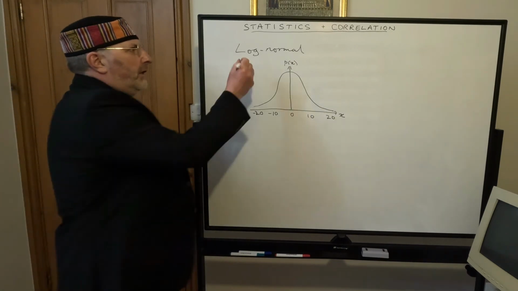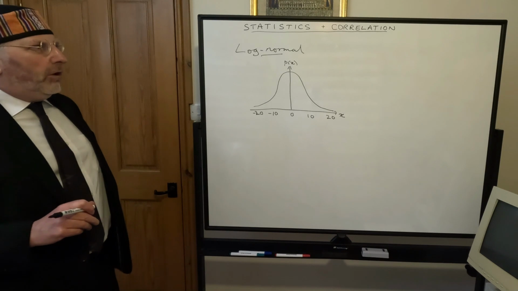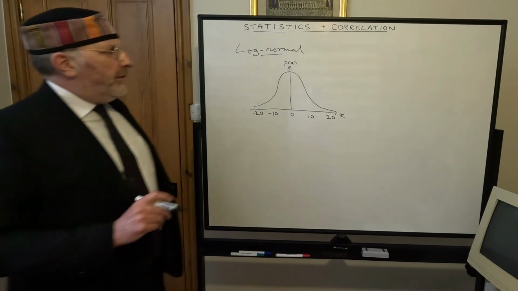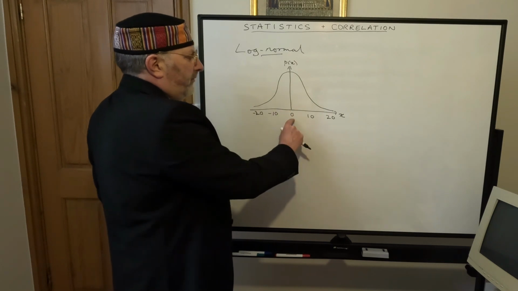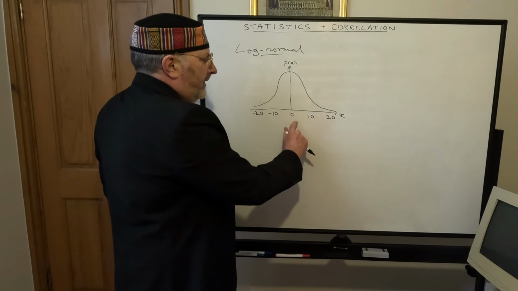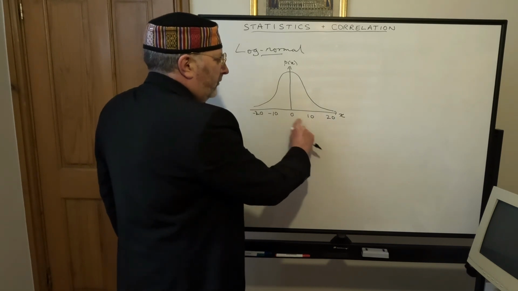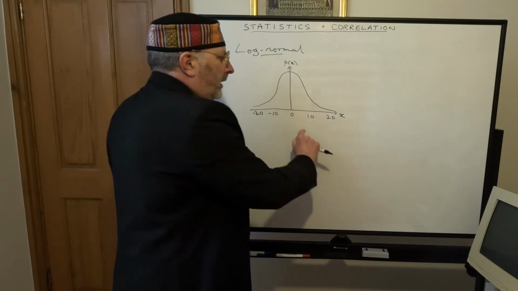Okay, and for the last distribution we'll consider, I said, would be the log normal. So the idea here is that if we've got a normal distribution, in this case centered on 0, and the values here are going 10, 20, or minus 10, minus 20.